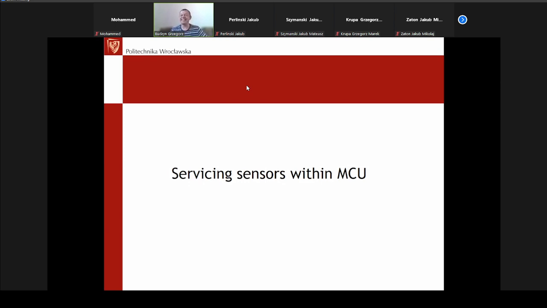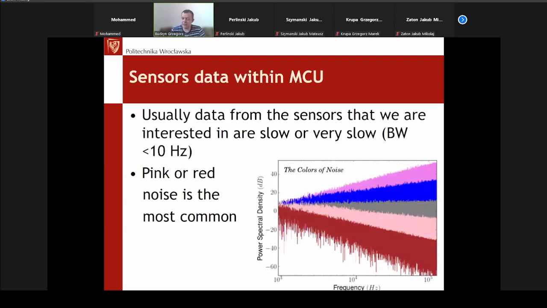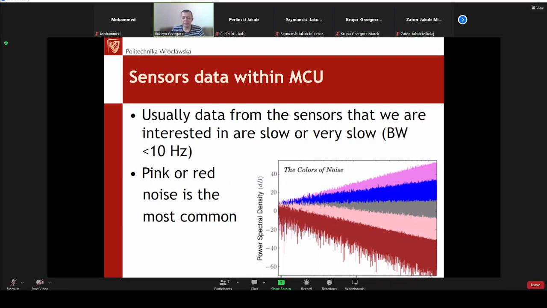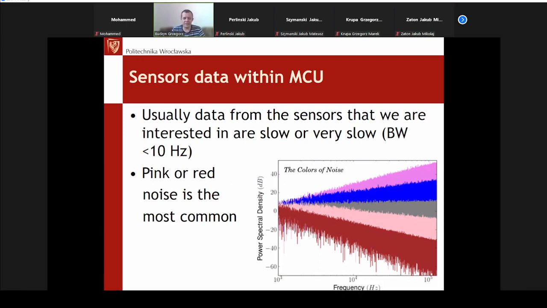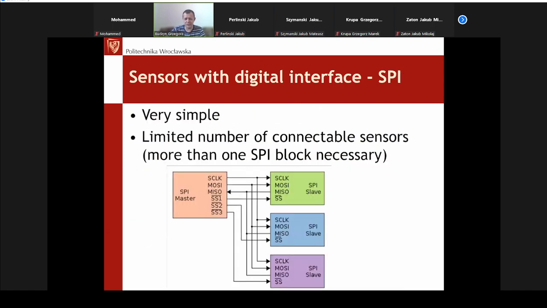Okay, let's go then. A few remarks about last week, about the interfacing of the sensors to the microcontroller. Normally when we talk about sensors, we are interested in having the signals as low noise as possible, because we talk here about the analog connection, not the digital one, which we talked about.